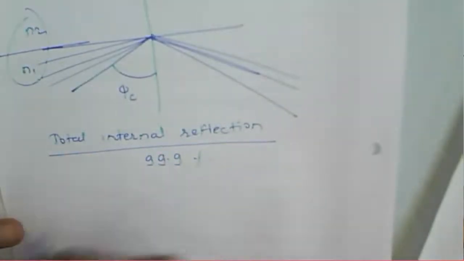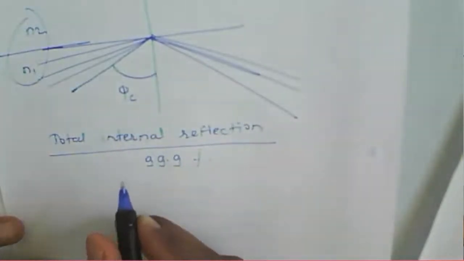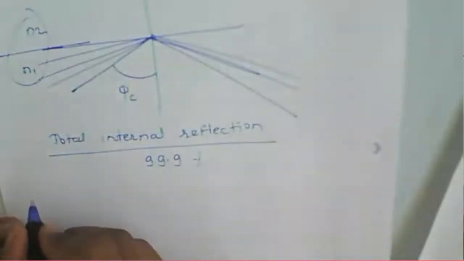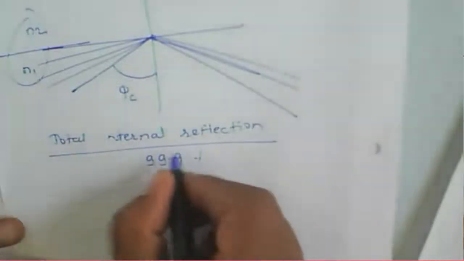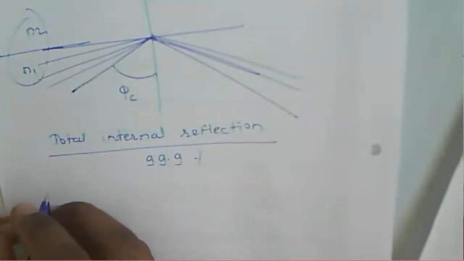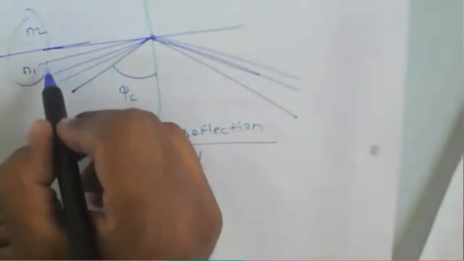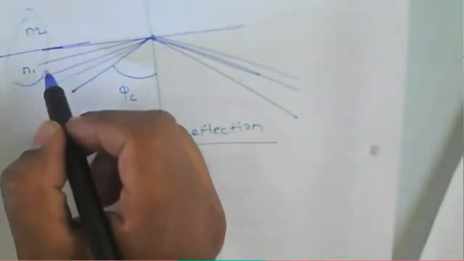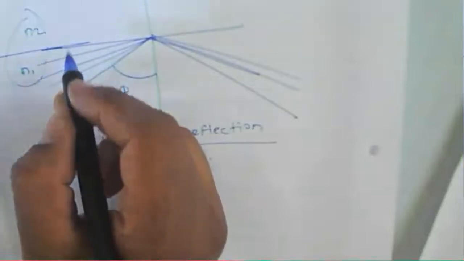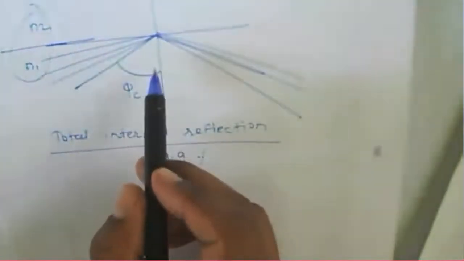Generally we say total internal reflection is 100%, or we get about 99.9% total internal reflection, meaning high efficiency. So when does total internal reflection occur?